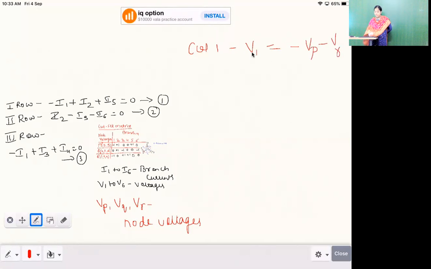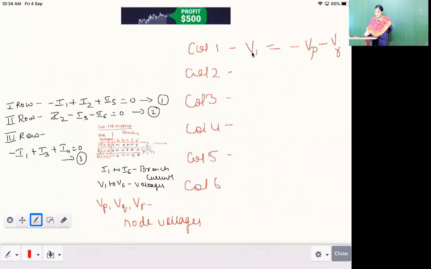Similarly, column 2, then column 3, then column 4, then column 5, then column 6. Column 2 gives V2 = VP + VQ, because you have +1 and +1.